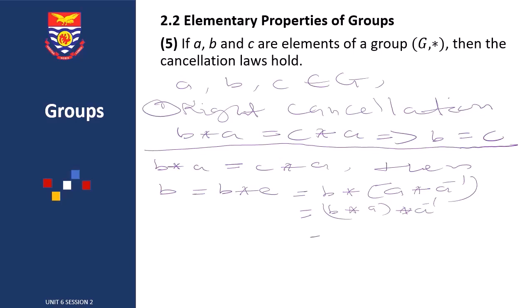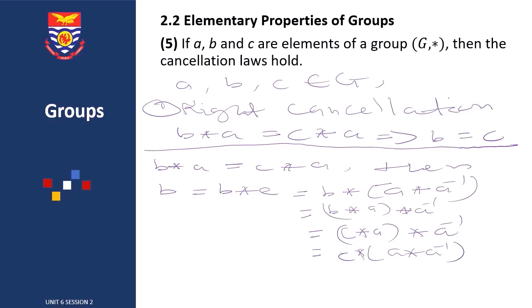Don't forget that B operation A is the same as C operation A. So I can write C operation A here, operation A inverse. Okay, I think you agree with me. And I can write this as C operation A operation A inverse, and I'm sure you agree with me.